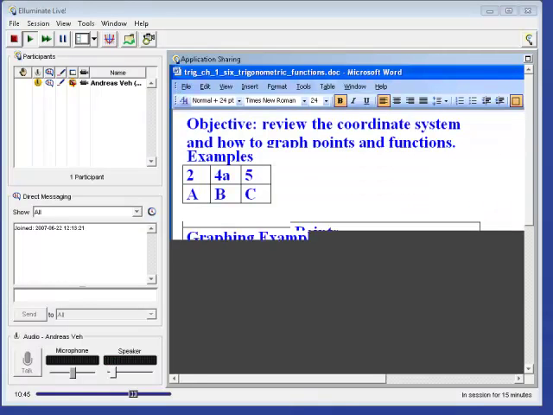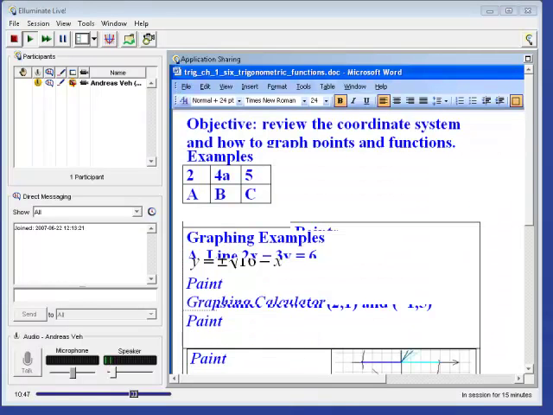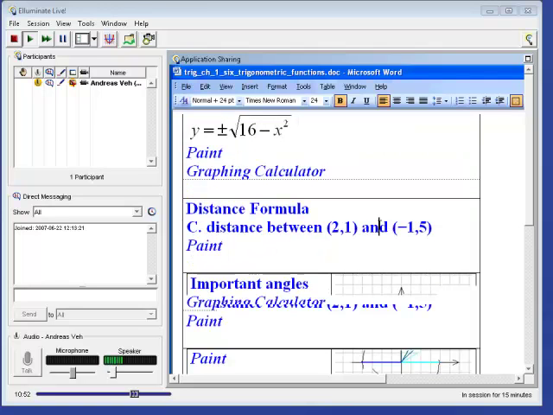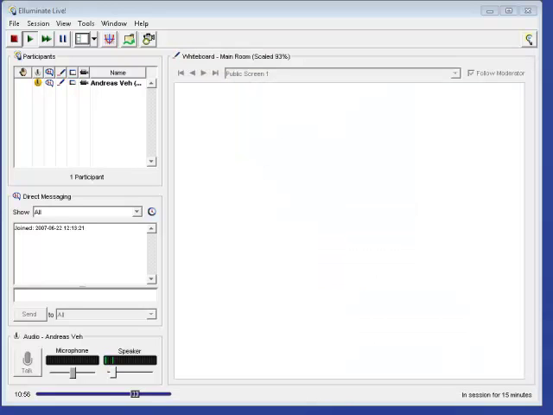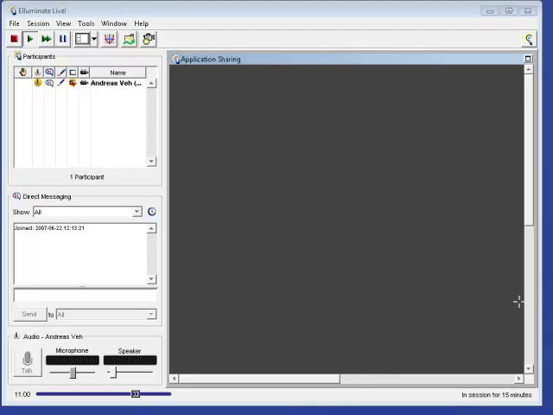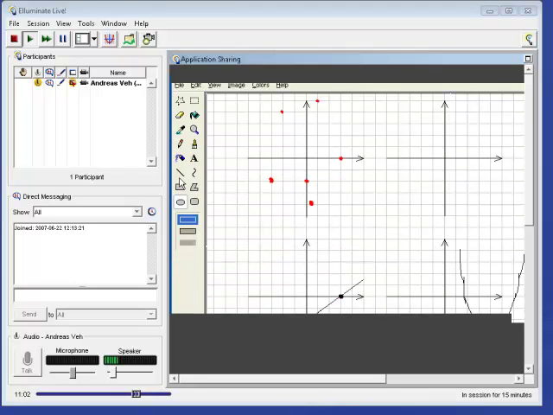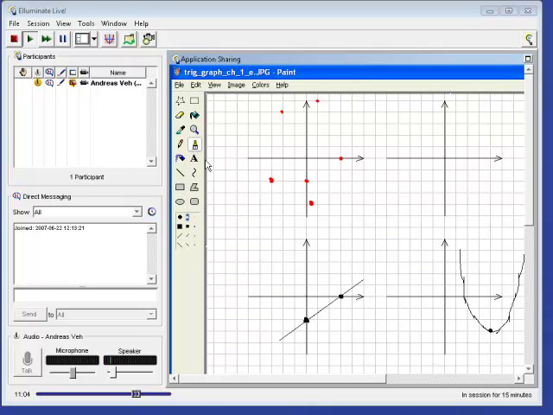Distance formula. Determine the distance between 2, 1, and negative 1, 5. Let's go to Paint and see how we can do that. So I'm going to paint in here the 2 points, 2 and 1, so 2 to the right, 1 up.